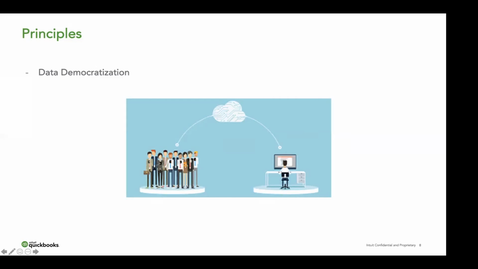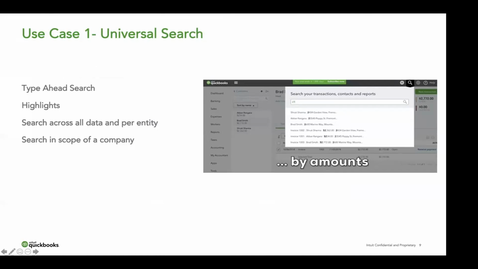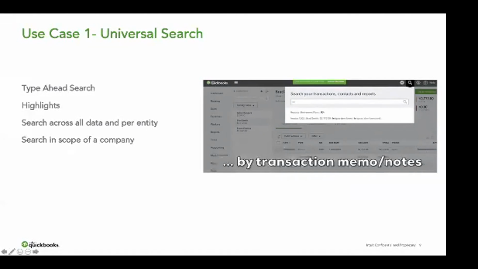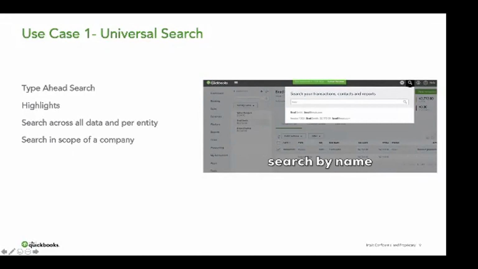So, given these principles in mind, I'm going to talk about three use cases that we used Elasticsearch for. The first one is universal search. This is where we wanted to provide a single place where the small business user can search for anything in their company. They can do type-ahead search, and they can see what it matched, so we provide highlights on top of it.